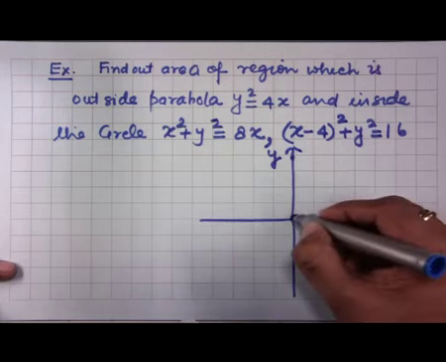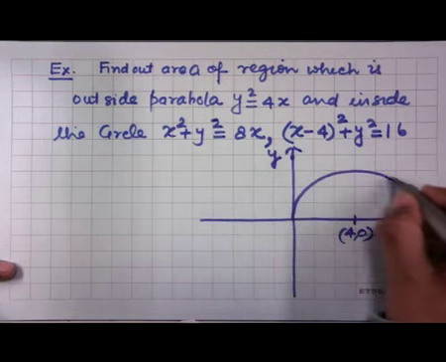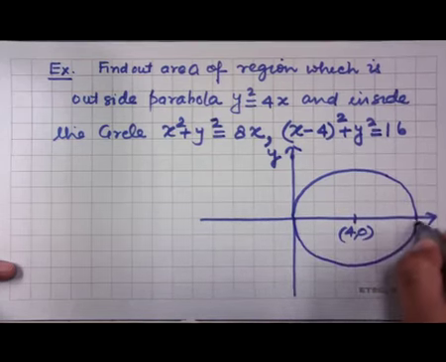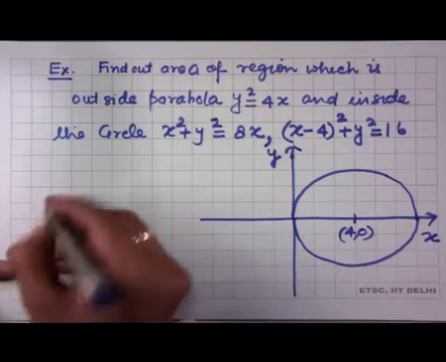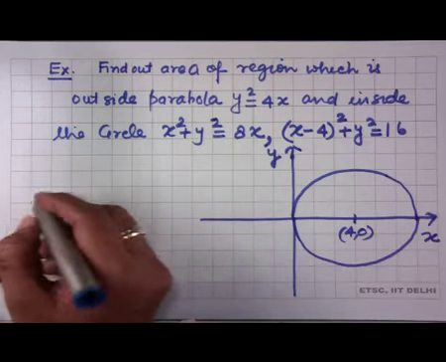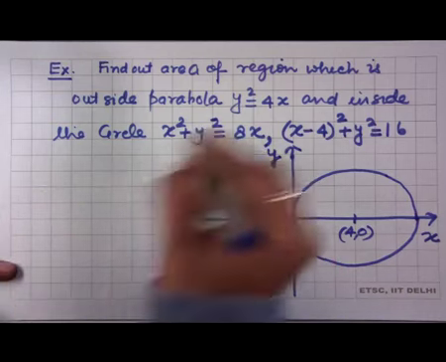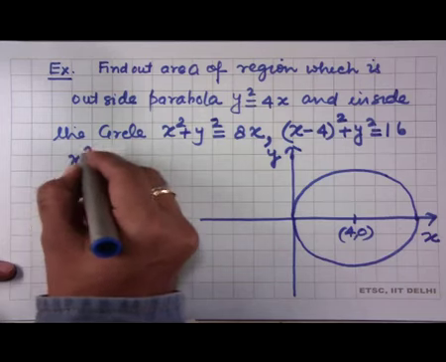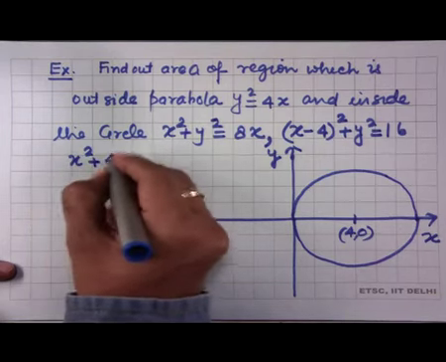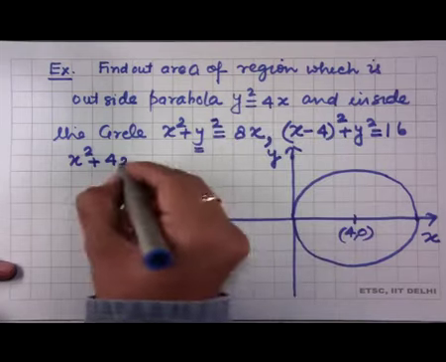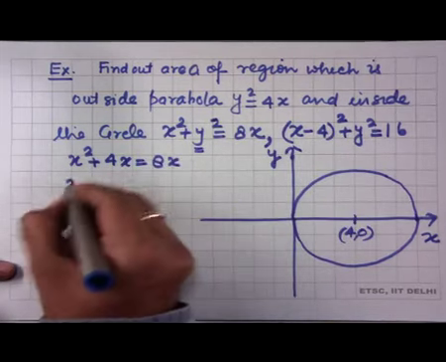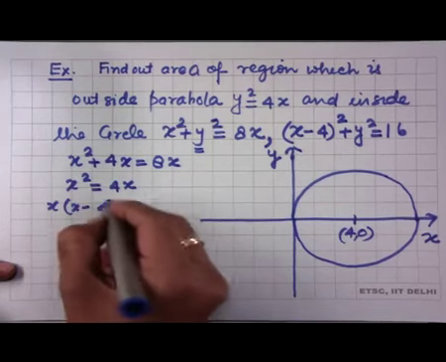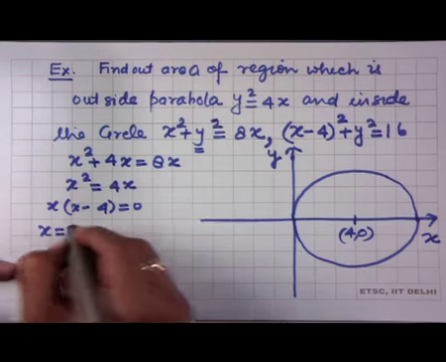So, you get the circle, and this parabola will intersect the circle. So, we need to find that. So, x square plus, replacing y square by 4x here, we get 8x. So, x square is 4x, x into (x minus 4) is 0. So, x equals 0, x equals 4.